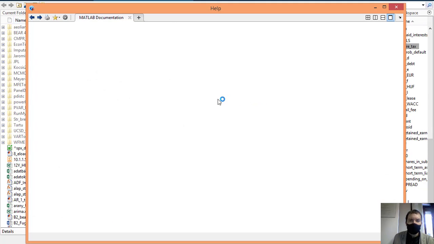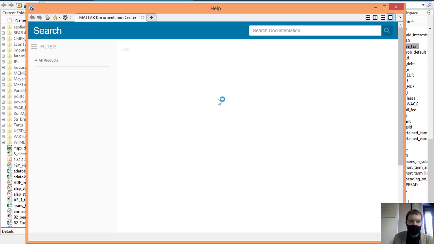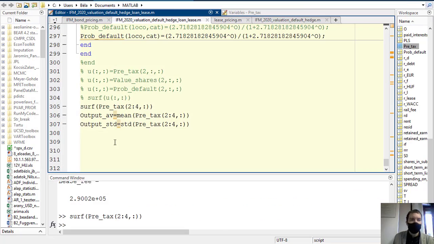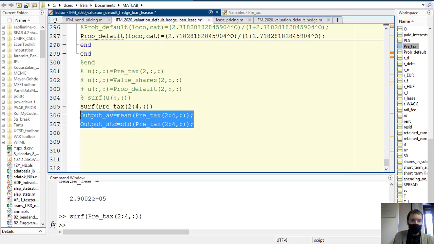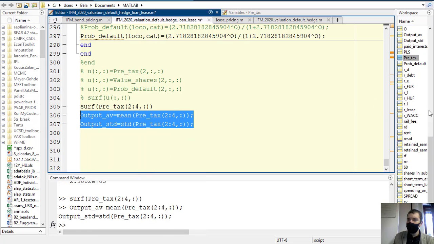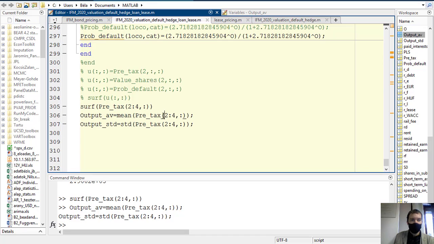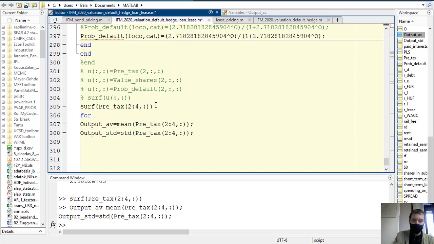I just need standard error. Okay, it's not that. Okay, let's use standard deviation. Don't be picky. Okay, output. Oh, it was calculating the mean in the wrong direction. Then we have to do it more precisely.